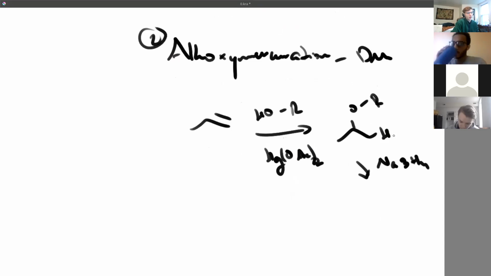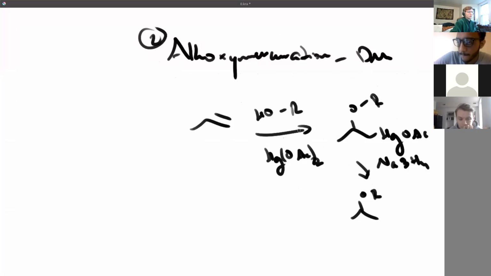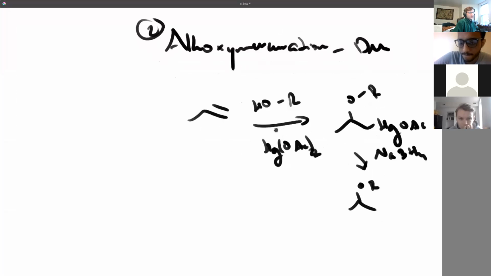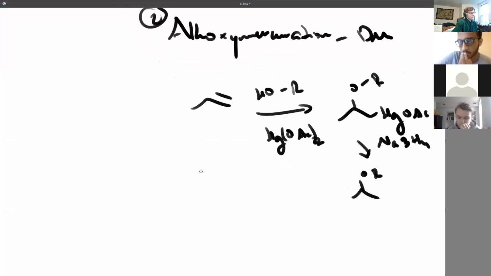Because here you get this hanging HgOAc. So then you use sodium borohydride, right? And okay, you get an ether. Let me make this pen a bit smaller so it's not as bubbly. Okay. Yeah, and then you get your ether. Okay.